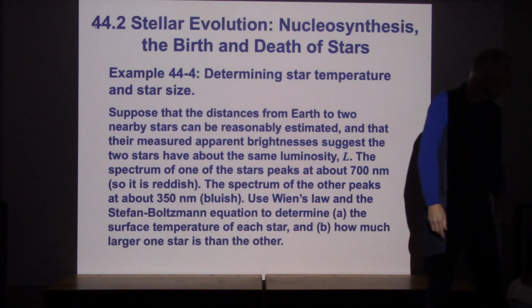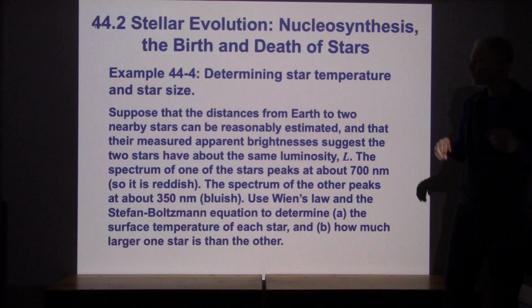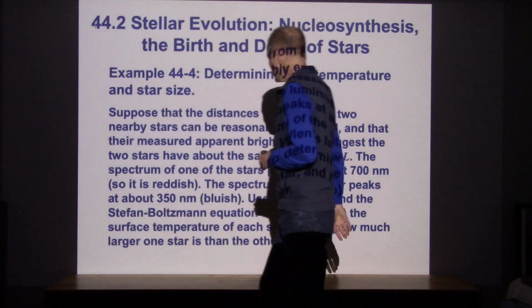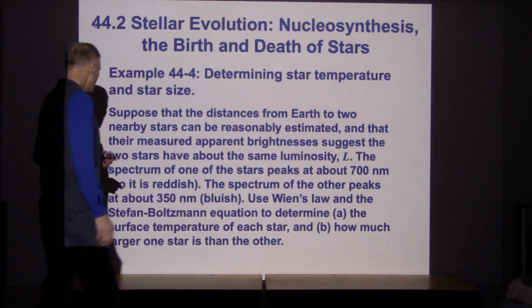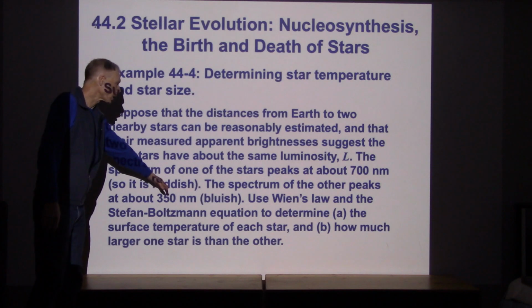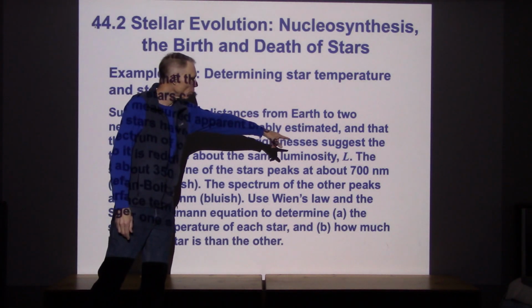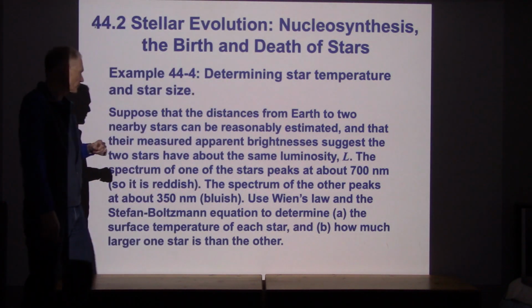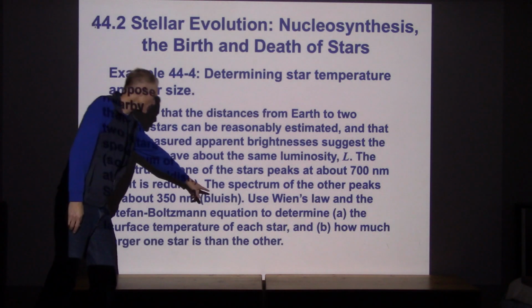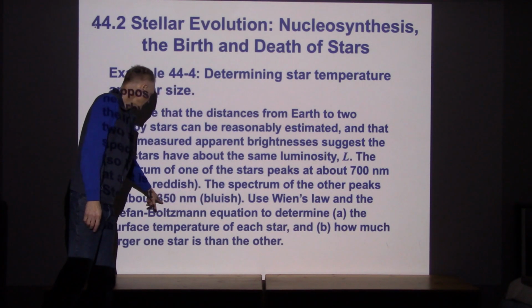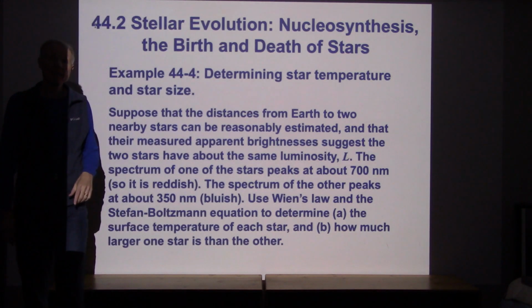So here's a problem. It says that we've got two stars, star A, star B, and one of these is a reddish star, and it has a peak wavelength at 700 nanometers, and then we have another star that's bluish, and it's got a peak wavelength at 350.